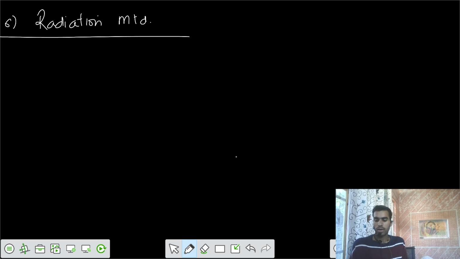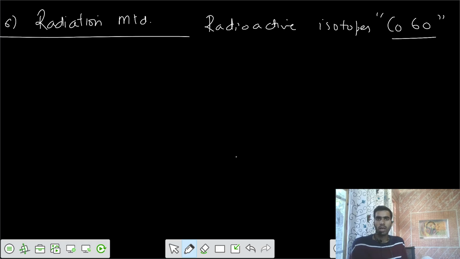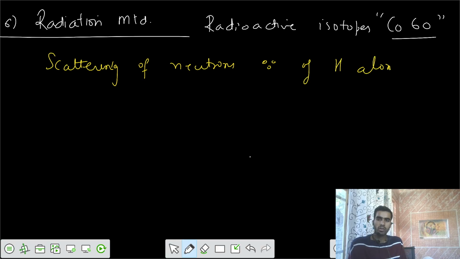The final method is the radiation method. A little bit we are going to talk about that. Radiation method, that is number 6, I think. Here we are using radioactive isotopes like cobalt 60. There is scattering of neutrons because of the hydrogen atoms from the soil water.